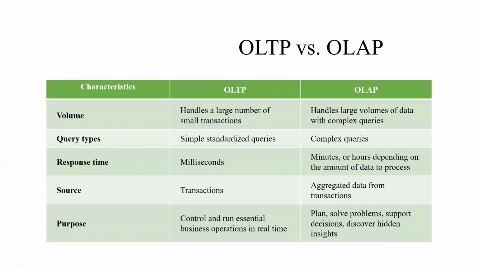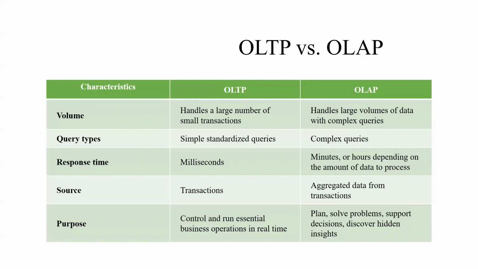Now, how are we storing that data in OLTP system and OLAP system? In OLTP system, you have a large number of small transactions, because you are doing 1 rupee, 2 rupee, 100 rupee, 10,000 transactions, adding and deleting, like in UPI.